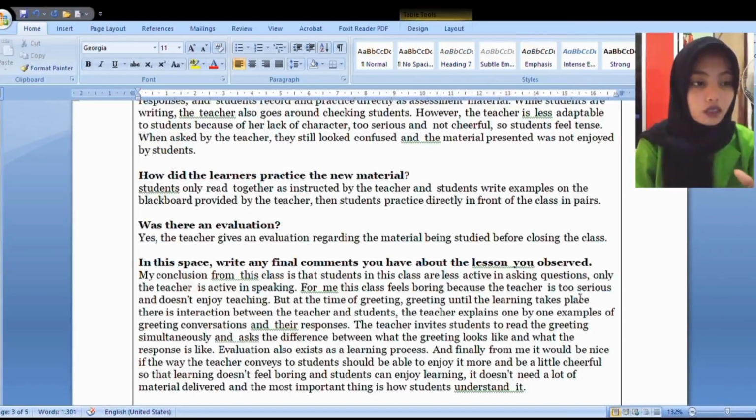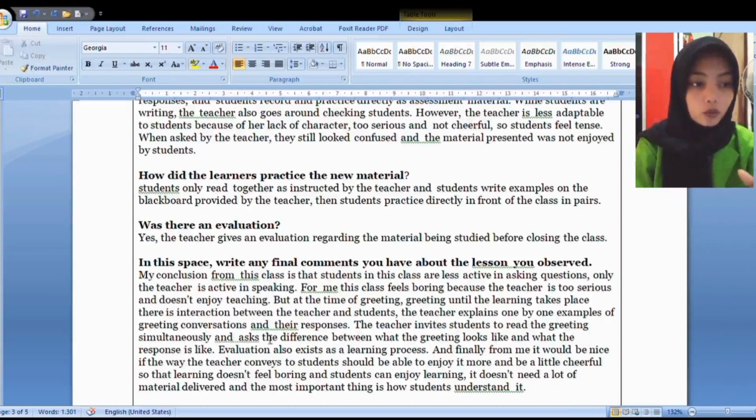The teacher invites students to read the greetings simultaneously and asks the difference between what the greeting looks like and what the response looks like. Evaluation also exists as a learning process.